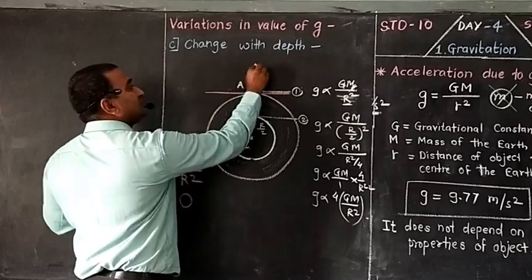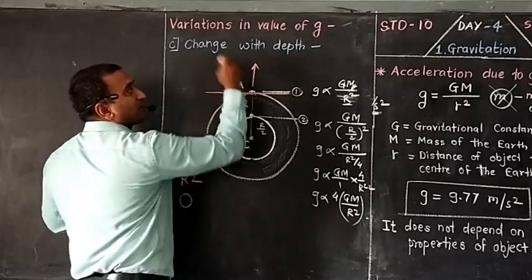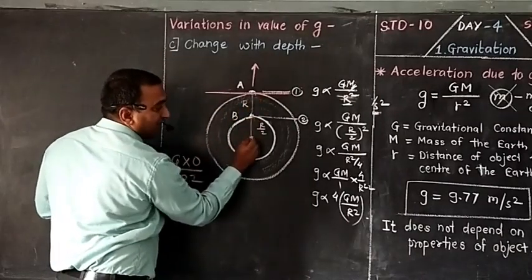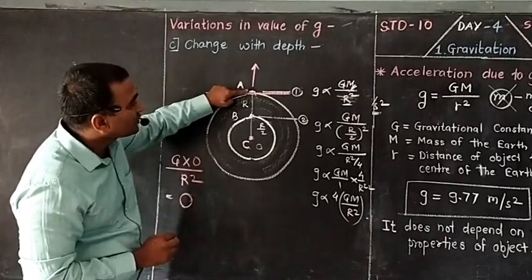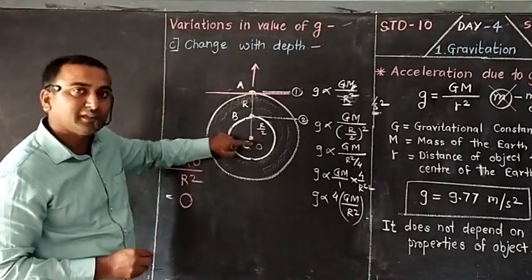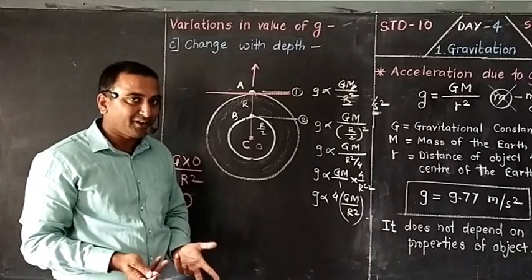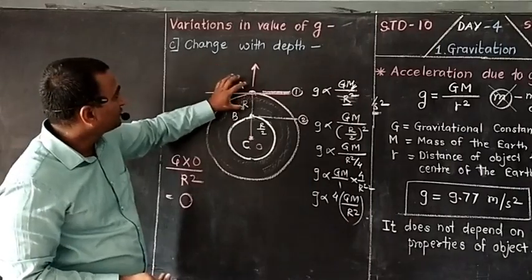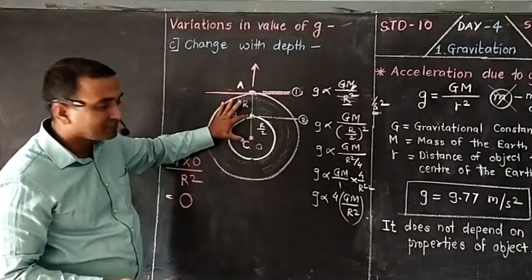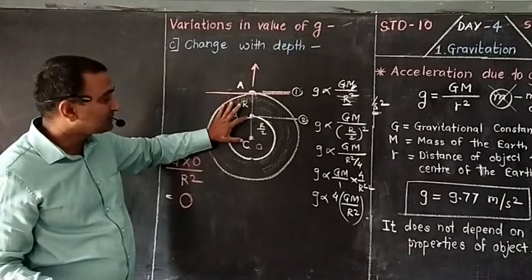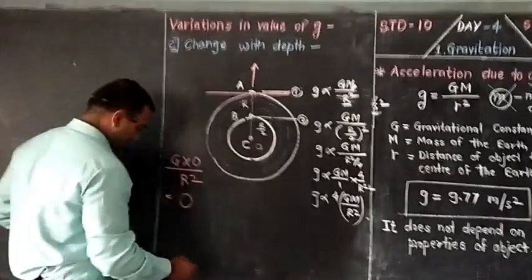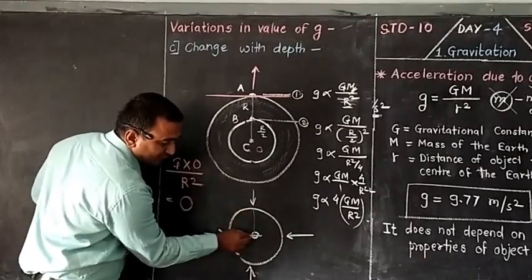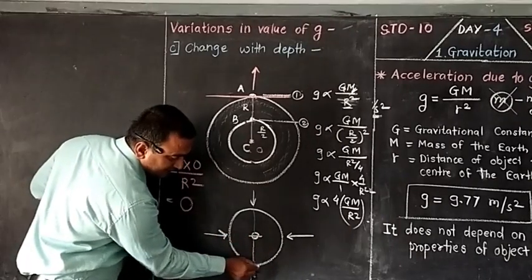As you move upward, it decreases and becomes 0 at a certain level, and as you are going downward, at the center again it is 0. So as you are moving from highest to 0, definitely there is a decrease. Getting it now? So as there is a change in depth, definitely acceleration due to gravity decreases. From surface to center, definitely decrease, then 0.